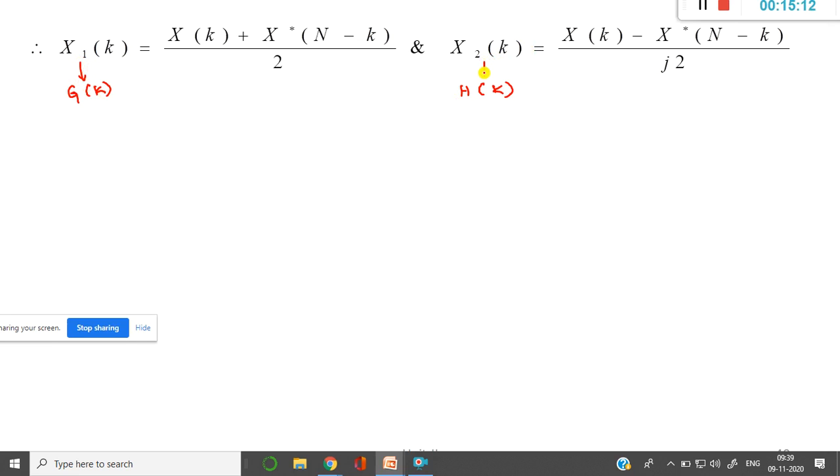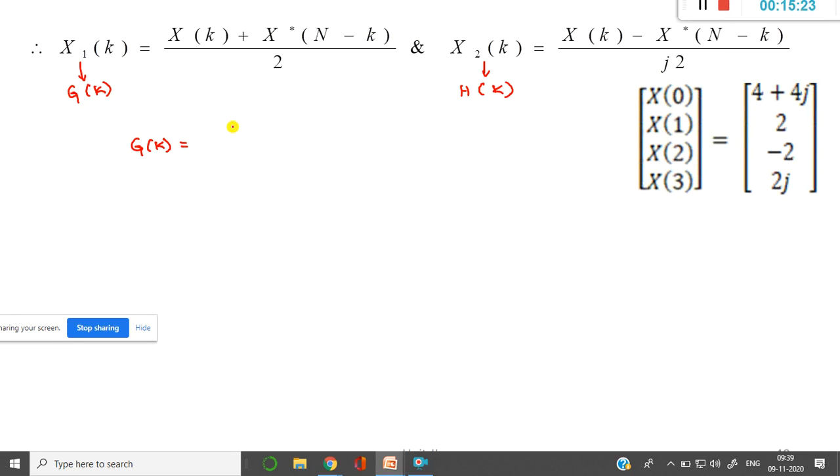Now, how do you obtain them? Very simple. So now obtain g of k. What is g of k? G of k is equal to X of k plus X conjugate of n minus k, divided by 2. Before that, I need to obtain X conjugate of n minus k.